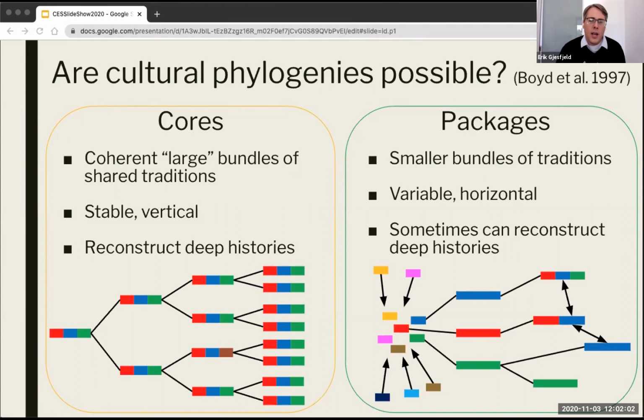Whereas with packages, these tend to be viewed as smaller bundles of traditions, perhaps a bit more variable or permeable, and maybe more influenced by horizontal transmission. And it's not that a phylogenetic approach can't be used in this case, but there is a bit more of a nuance on whether or not the tree we're developing really can reconstruct deep histories when we're dealing with aspects of culture that can be viewed more as cultural packages.